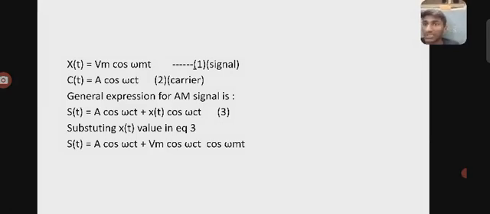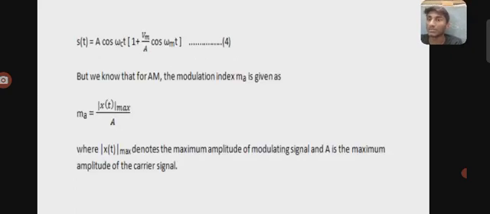The general expression of an AM signal is s of t equal to A cos omega c t plus x of t cos omega c t, where x of t denotes the input message signal. By substituting this x of t in equation 3, we get s of t equal to A cos omega c t plus Vm cos omega c t into cos omega m t.